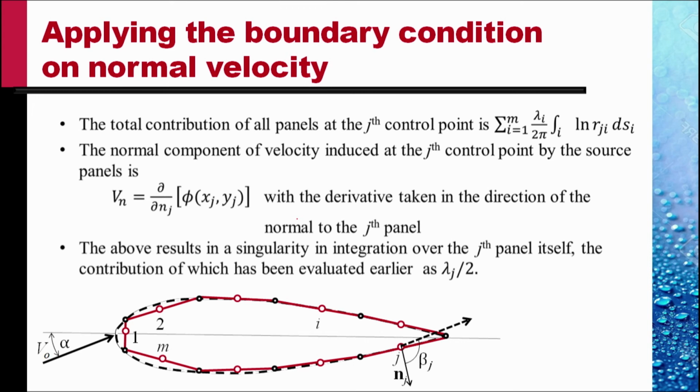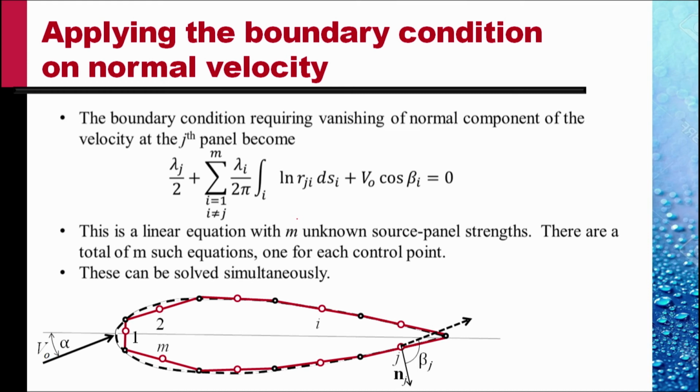The above results in a singularity in integration over the jth panel itself, the contribution of which has been evaluated earlier as lambda j by 2. So we eliminate the jth panel from this sum and add lambda j by 2 separately.